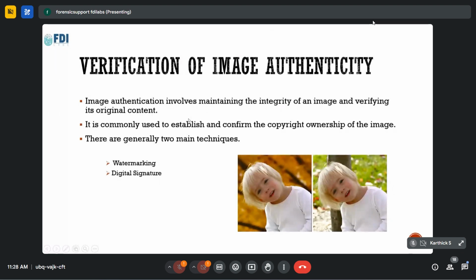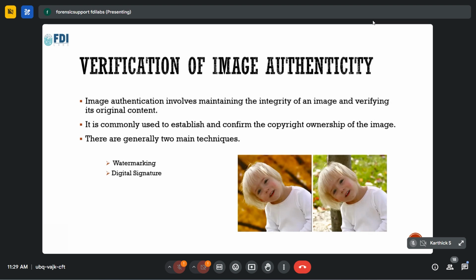So here we have the verification of image authenticity. That means the methods of image authentication. So what is image authentication? Image authentication involves maintaining the integrity of an image and verifying its original content. It is commonly used to establish and confirm the copyright ownership of the image.